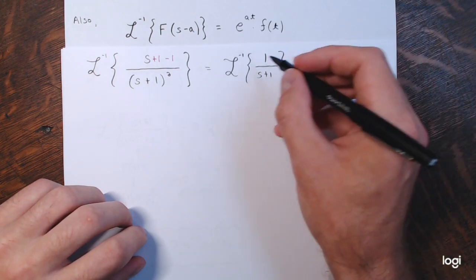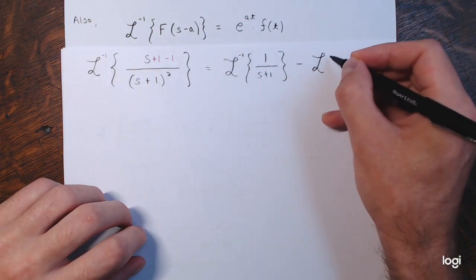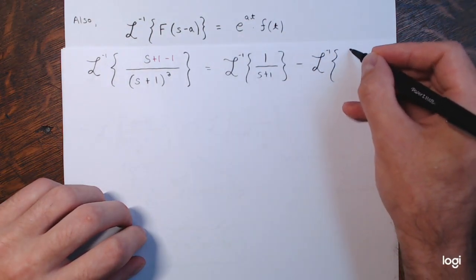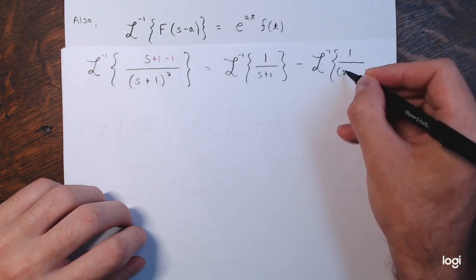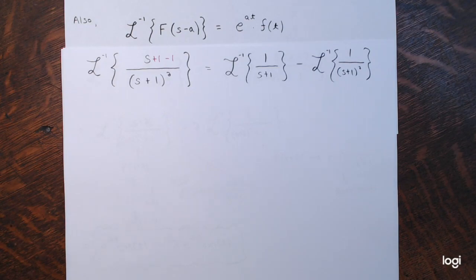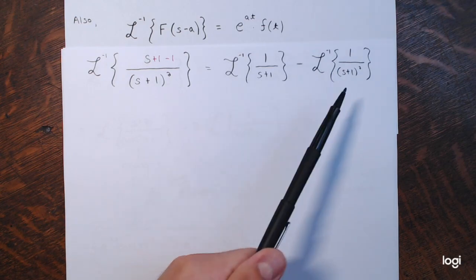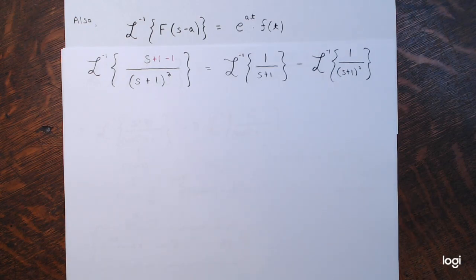And then minus the inverse Laplace transform of 1 over the quantity s plus 1 squared. Now I guess you could have also done a partial fraction decomposition and gotten this, but not going to get into that here. I've done it in other videos. Just know that partial fraction decomposition may come into play sometimes.